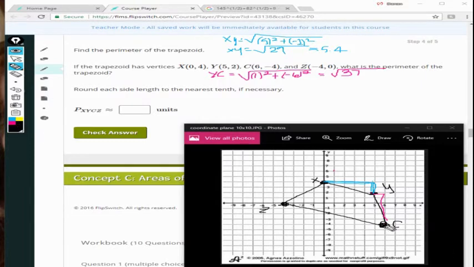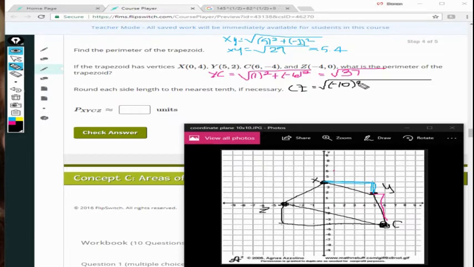Alright, so the next one, we're going to have c to z. And that's going to equal the square root, again, of our horizontal distance. 1, 2, 3, 4, 5, 6, 7, 8, 9, 10. And because I went backwards, it's going to be negative 10.